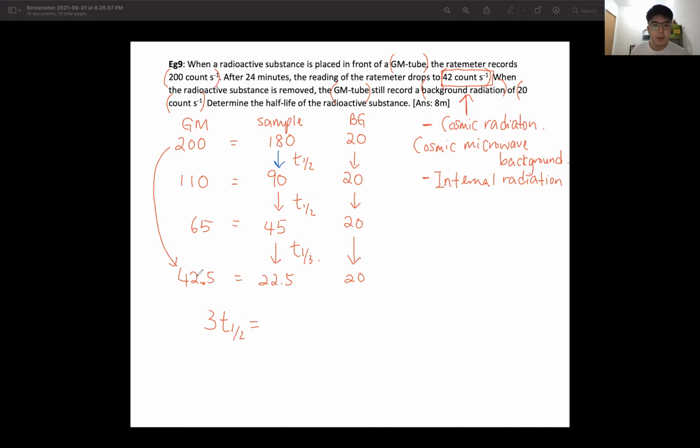From 200 to 42.5, it says in the question, after 24 minutes the reading drops to 42. So from here to here is 24 minutes. So 3 half-lives equals 24 minutes. T half equals 24 divided by 3, 8 minutes. So the half-life of the sample is 8 minutes.